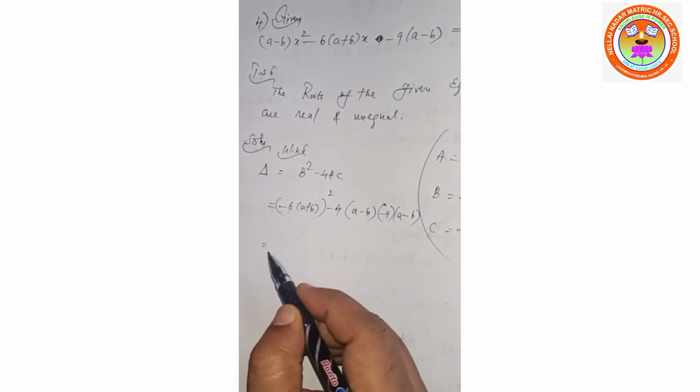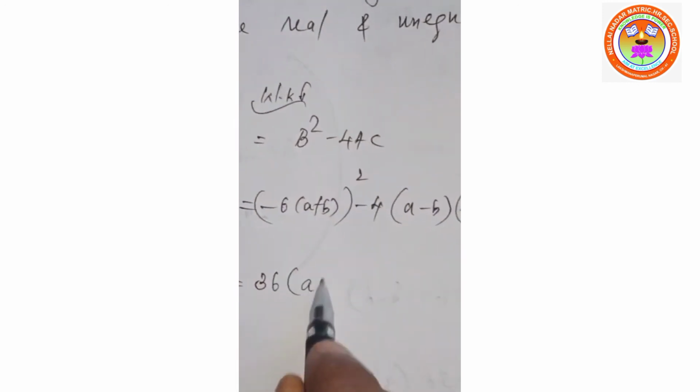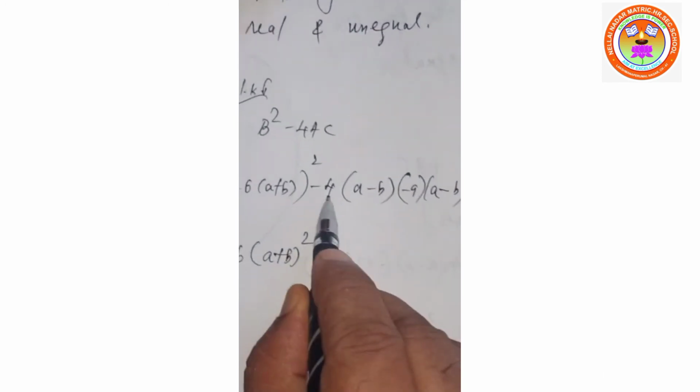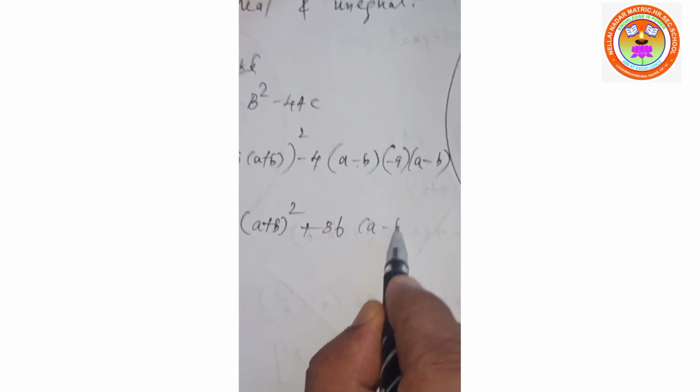That is equal to minus 6 the whole square is 36 into a plus b the whole square. Minus into minus is plus, 4 nines are 36, a minus b into a minus b is a minus b the whole square.